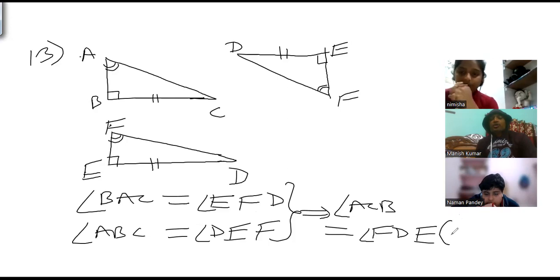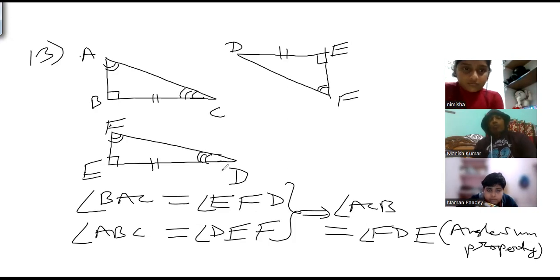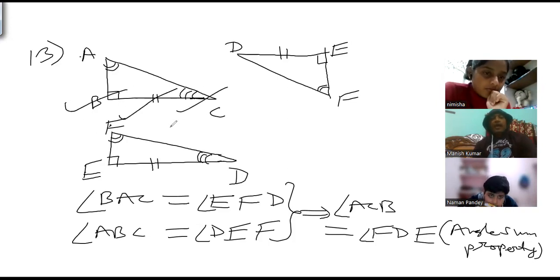If you are having sufficient time, you can write 180 degrees and all. Angle sum property rule in a triangle. So that means this angle, let us take it by 3 dashes, will be equal to this one. Now what criteria can be applied? Sir, ASA. Angle side angle, isn't it?